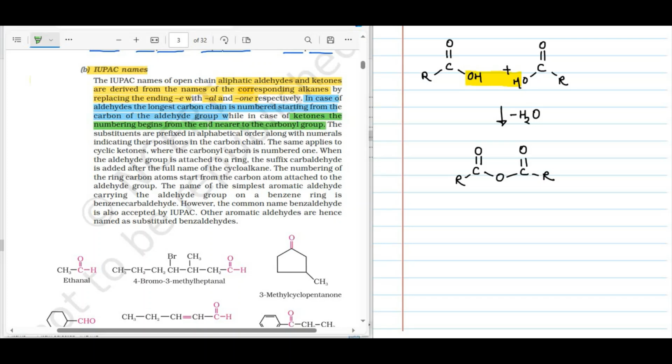The substituents are prefixed in alphabetical order along with numerals indicating their position in the carbon chain. The same applies to cyclic ketones, where the carbonyl carbon is numbered 1. When the aldehyde group is attached to a ring.